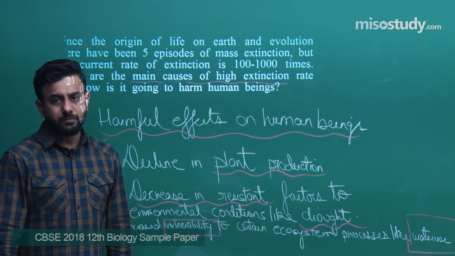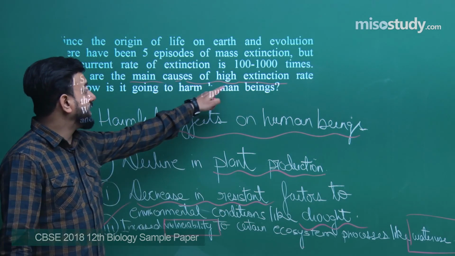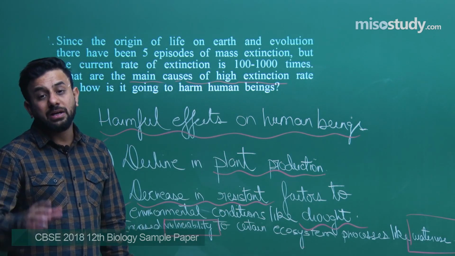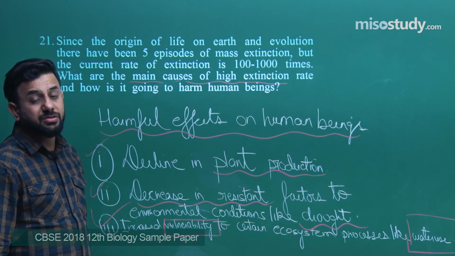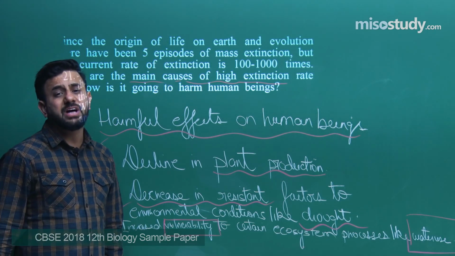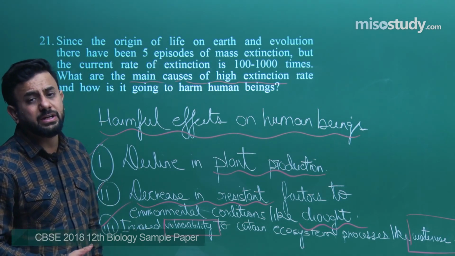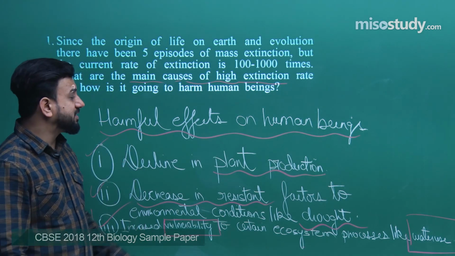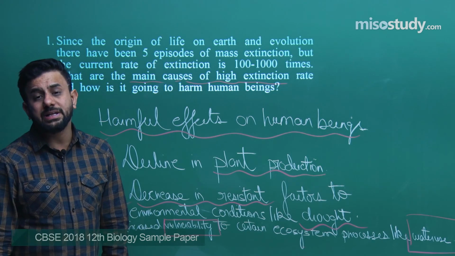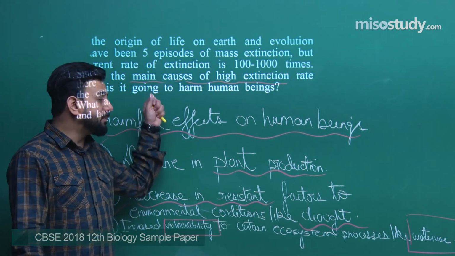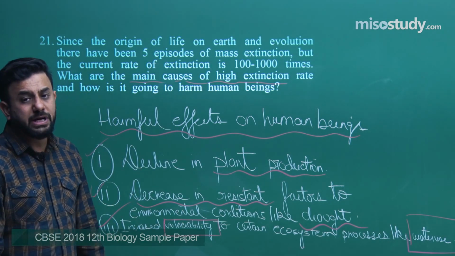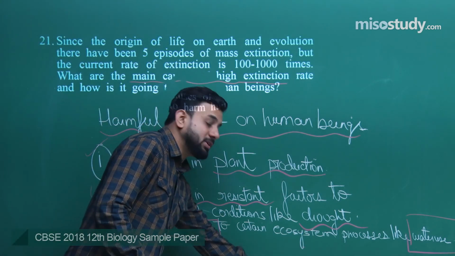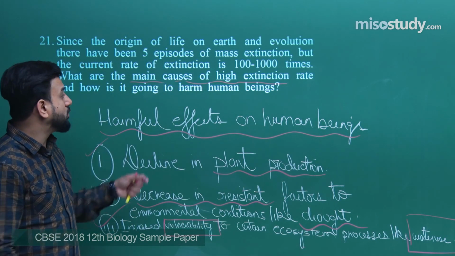The root cause is the extinction rate, because of habitat loss and fragmentation. Control your desires, stop cutting down trees and protect the habitat, protect nature, and believe me, everything will be protected. Okay, I got a little emotional, but let us now move to the next question.